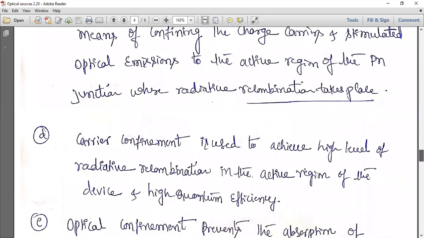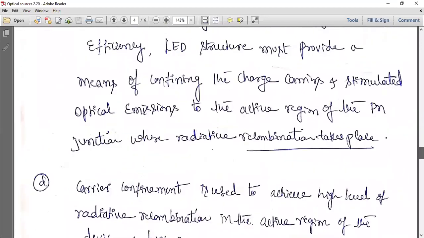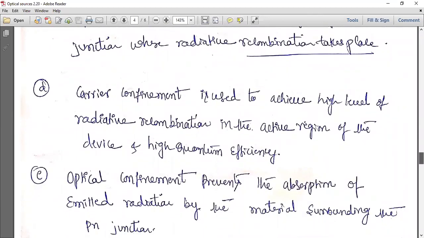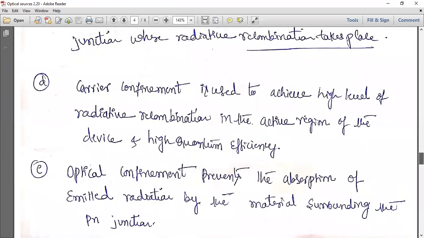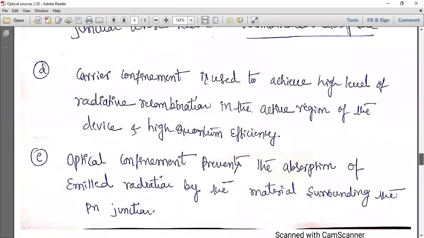Three things are addressed in LED. One is that the absorption losses are less in case of LED, then carrier confinement. We'll understand with respect to the diagram. Carrier confinement is used to achieve that all the carriers come to a region. That region is called the active region where the recombination takes place.